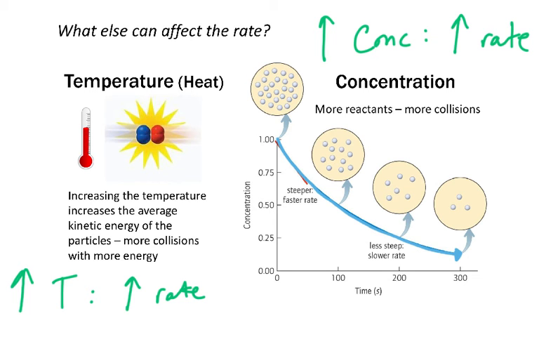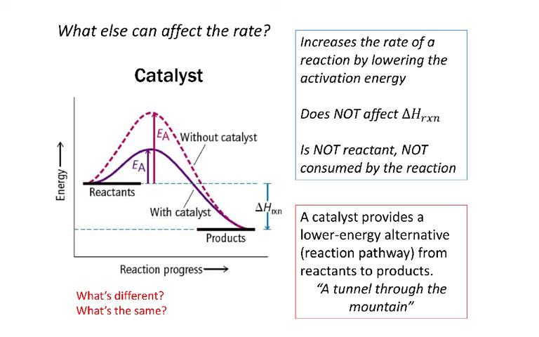And remember, the other factor was orientation. And another thing that can affect the rate is the presence of a catalyst. Now, catalysts can work by different mechanisms, but one way to think about this is to help orient the molecules with each other, orient the reactants into the proper orientation to proceed to products.